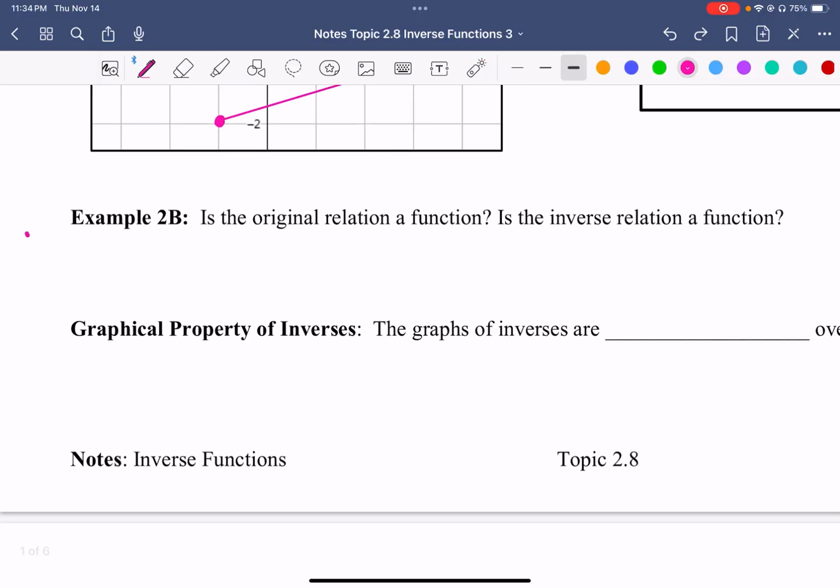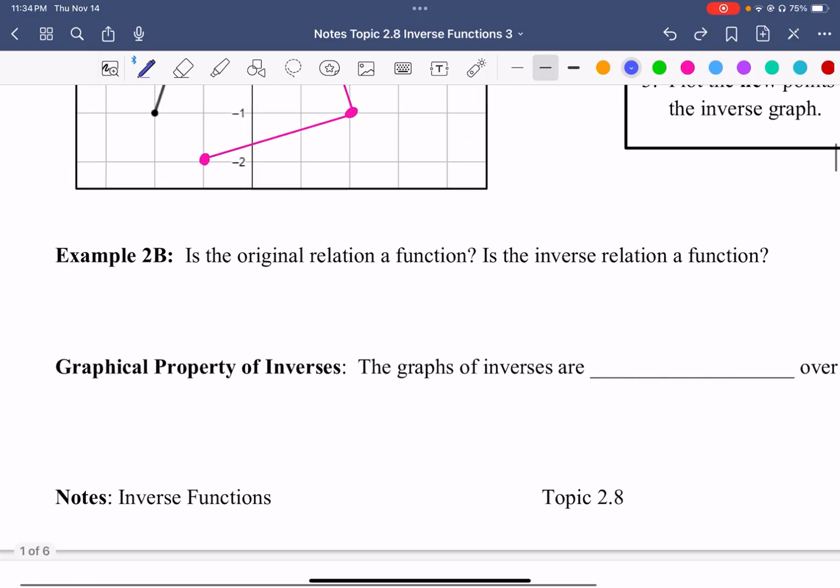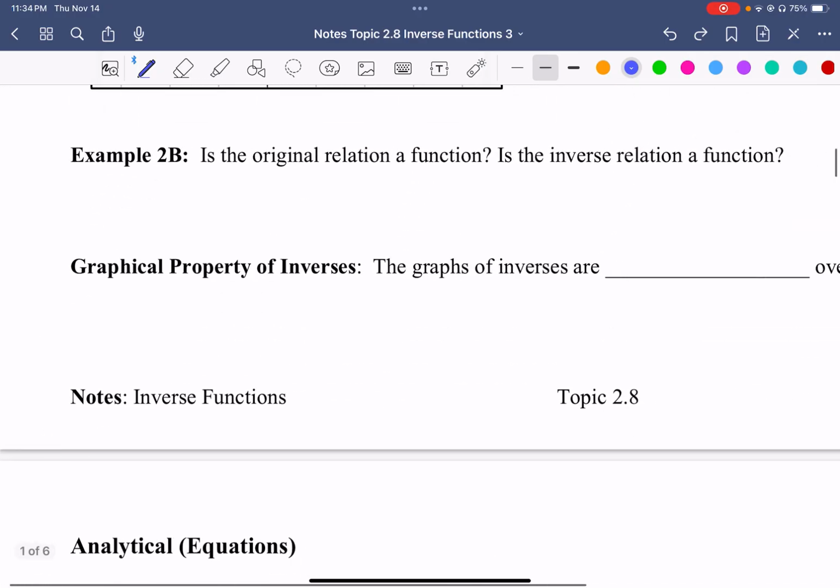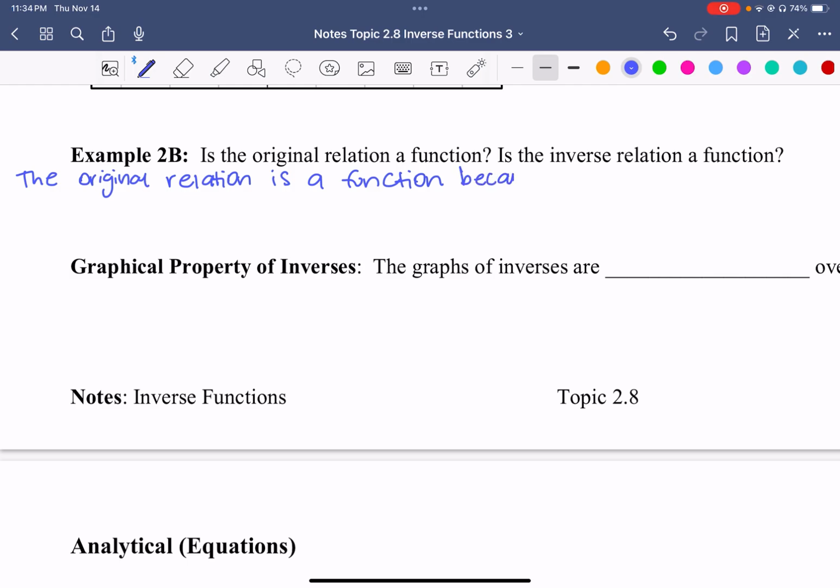So I'm going to say the original relation is a function. Now the only thing is you cannot say because it passes the vertical line test. On the AP exam, if you put that as your reasoning, it will be counted wrong automatically.